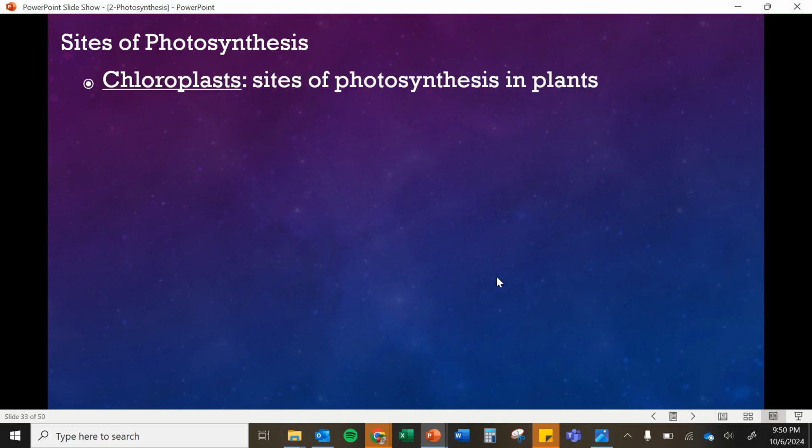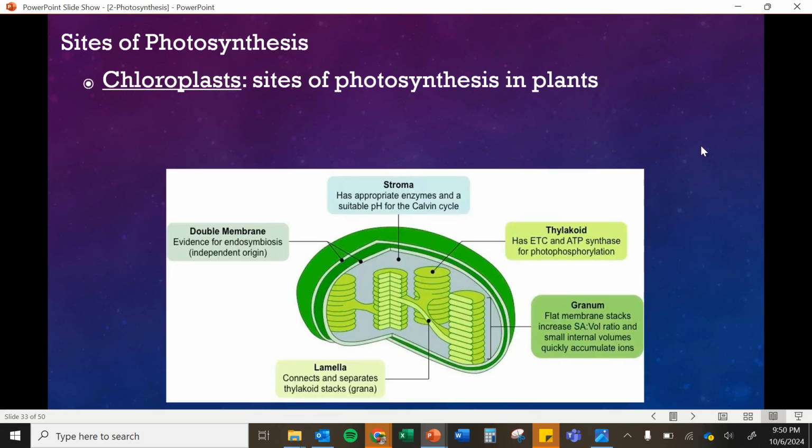Inside the leaf, we're going to have those chloroplasts, and that's where photosynthesis is going to occur in plants. Remember, before last unit, we talked about the structure of the chloroplast. It's got two membranes. It's got the stroma, which is the fluid where there are enzymes and different things to have chemical reactions take place. We have the thylakoid, and we'll talk more about this unit.